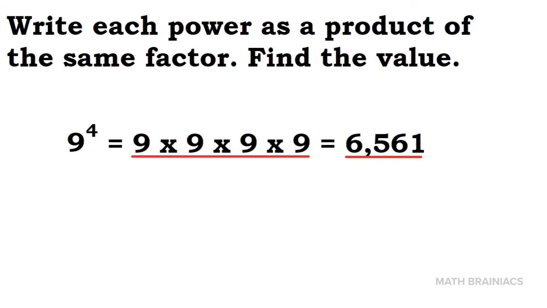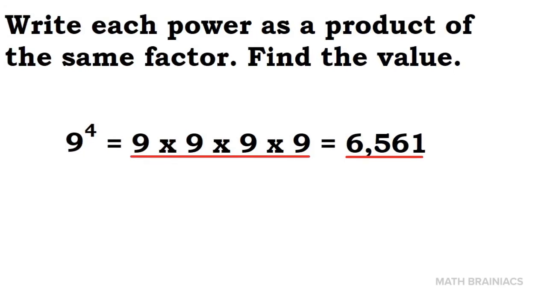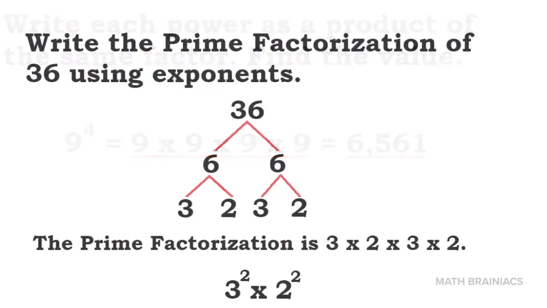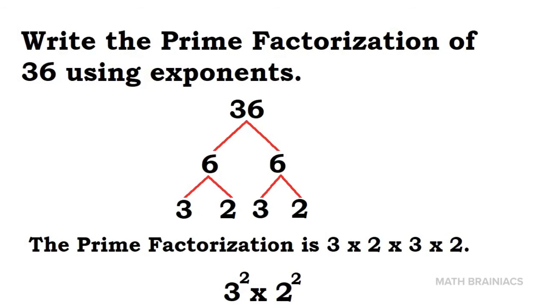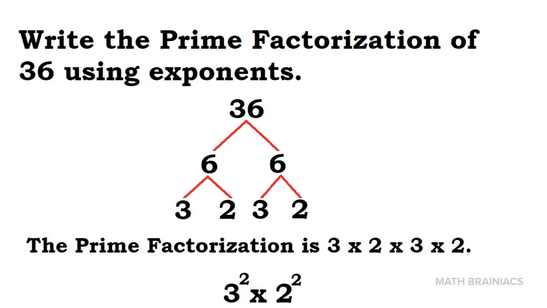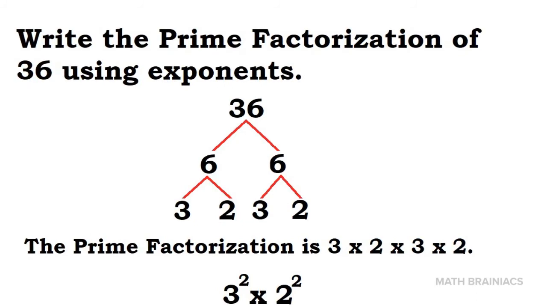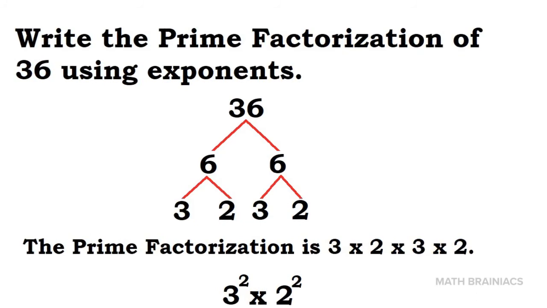In this case, the exponent is 4 and the base is 9. So, you are going to multiply the base, which is 9, 4 times. With the condition of writing the prime factorization of a number using exponents, you are going to find the prime factorization first, and then when you are already on the prime numbers, you need to write the prime factorization as an exponent.